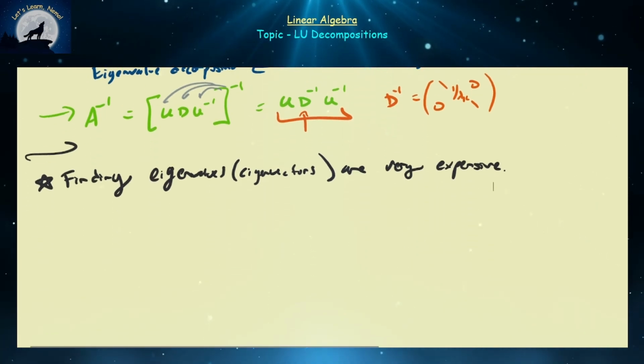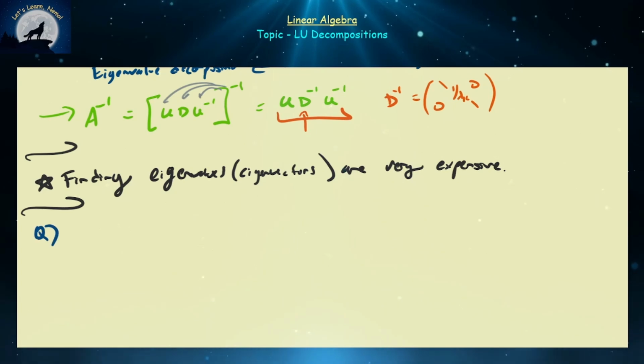So are there other decompositions that have a bit of an upside compared to eigenvalue decompositions? Let's formally state our question.